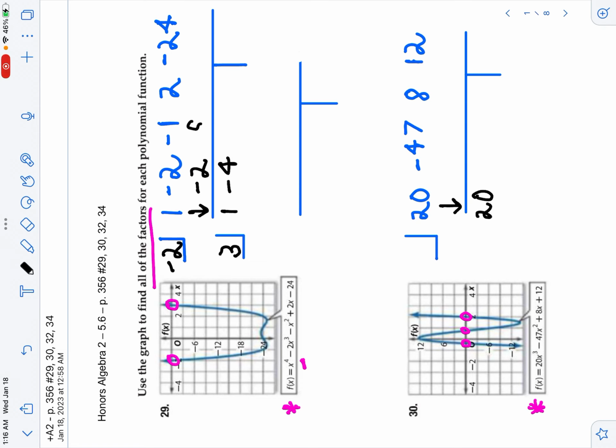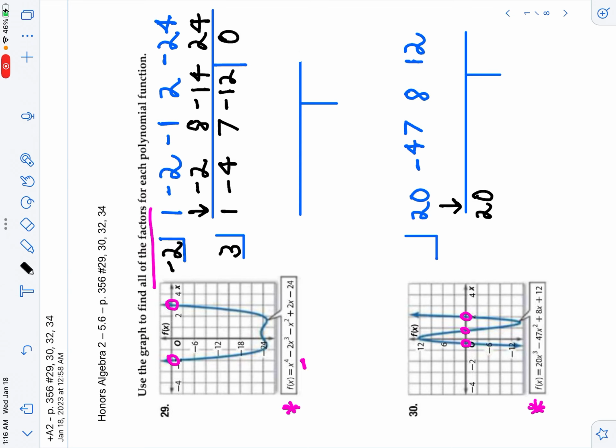That gives me -14, which is -12. And that gives me +24. And I should fully expect that I get a remainder of 0, since those values are zeros where the graph crosses the x-axis and should go in evenly.